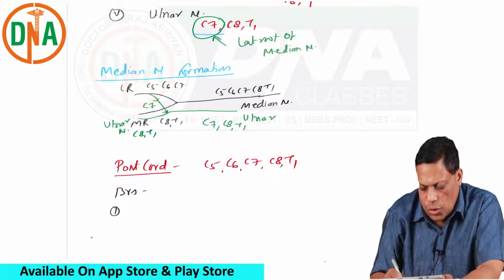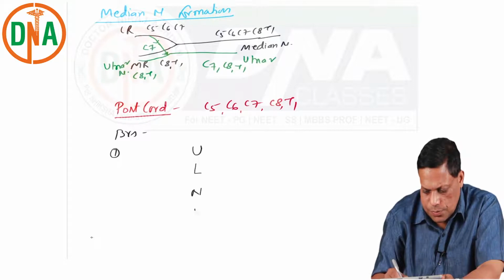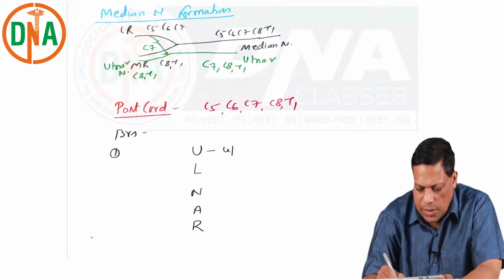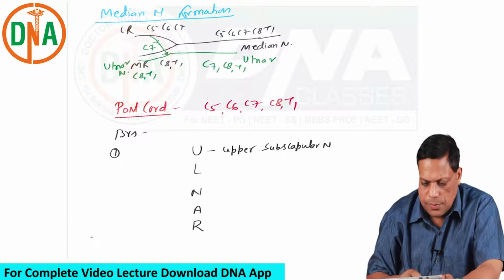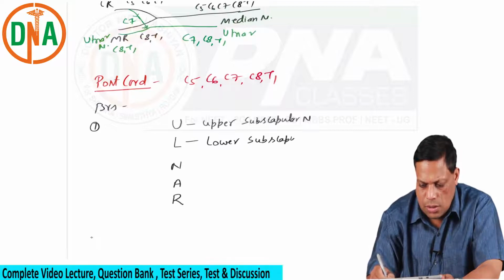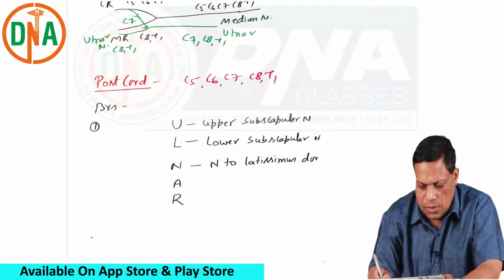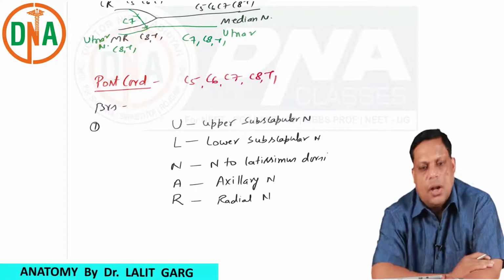The mnemonic for the branches of posterior cord is ULNAR. U for upper subscapular nerve, L for lower subscapular nerve, N for nerve to latissimus dorsi, A for axillary nerve, R for radial nerve.